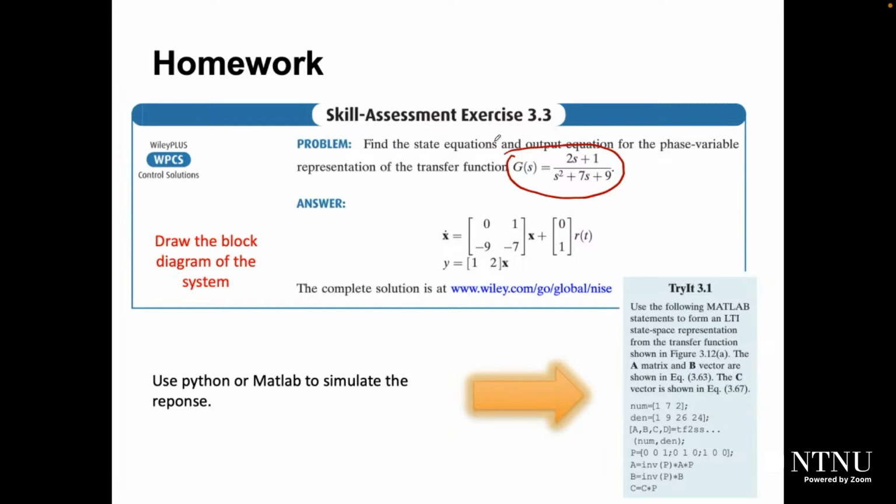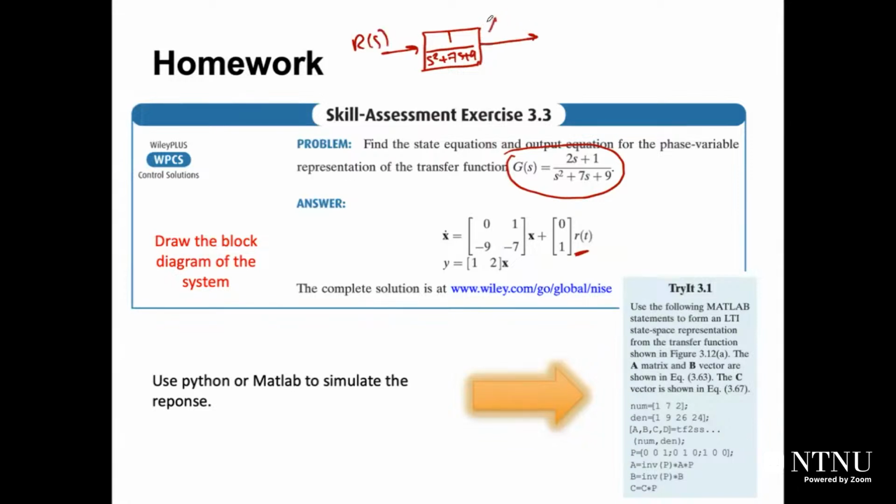I will give you a hint. This is a second order system, so we have x1 and x2. We will start with one block, and this block will have 1 divided by s squared plus 7s plus 9. It is a second order system, and the input to this system will be r of s.